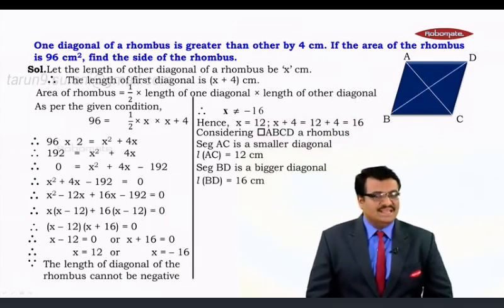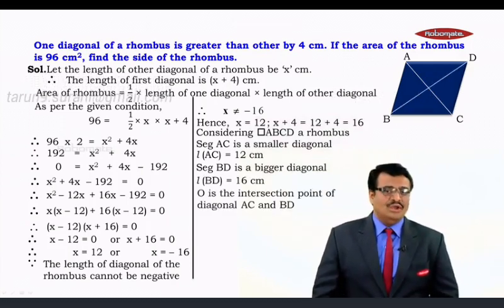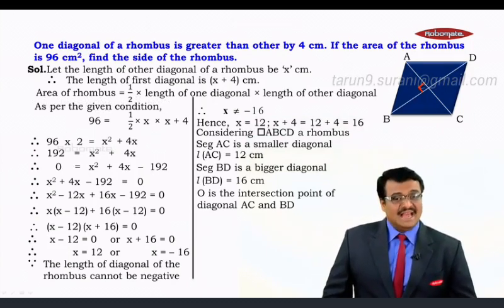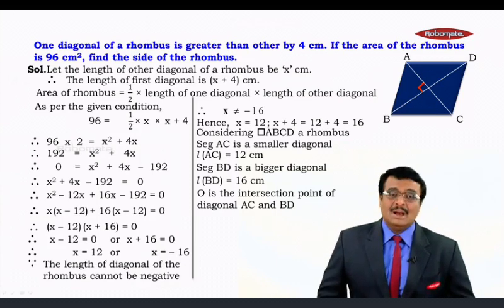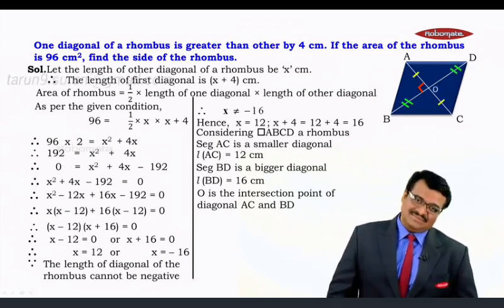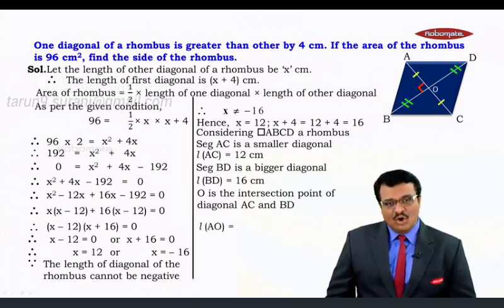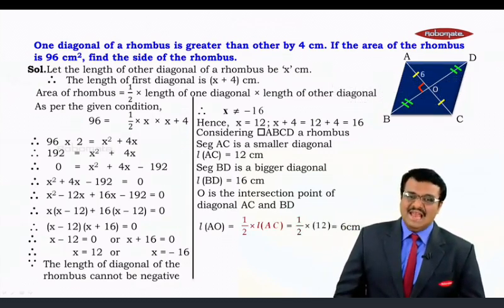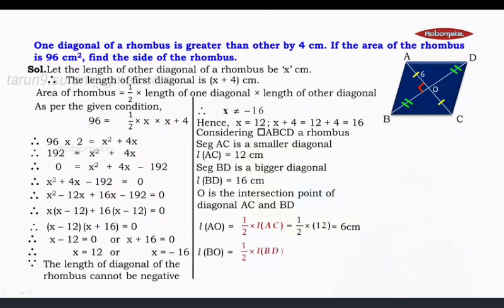O is the point of intersection of the diagonals AC and BD. Now length AO will be half of length AC, which is nothing but half of 12, which is 6 centimeter. Length BO is nothing but half of BD, which is half of 16, 8 centimeter.